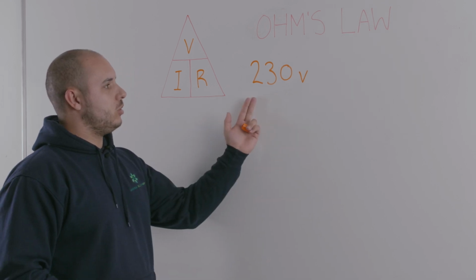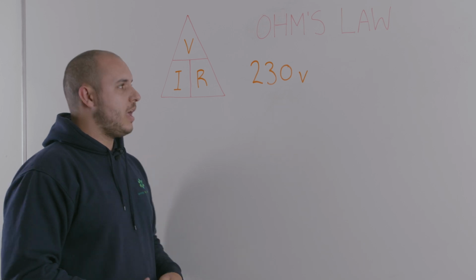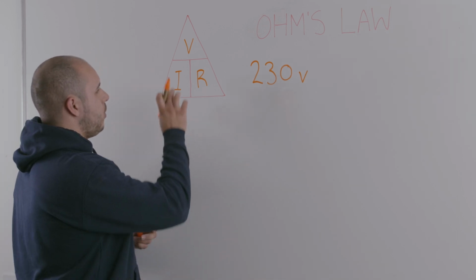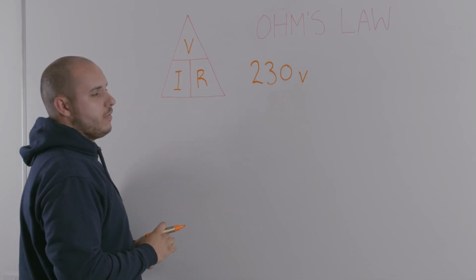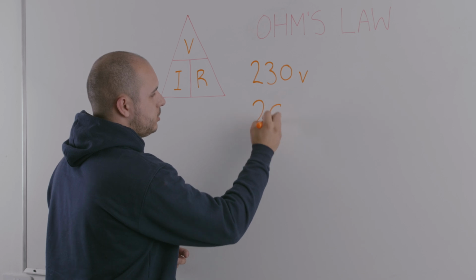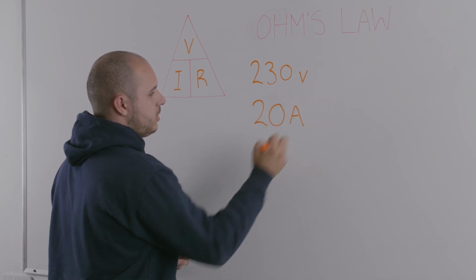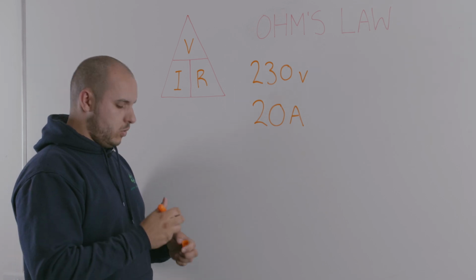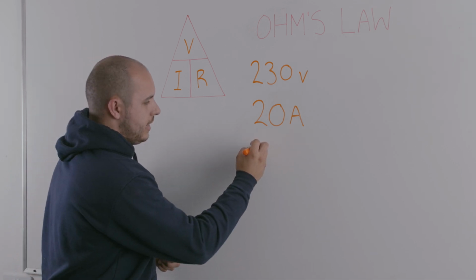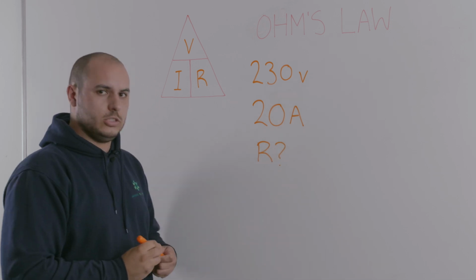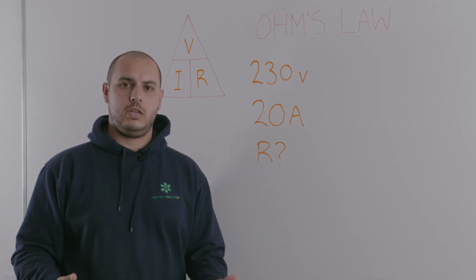So we know we've got 230 volt circuit, and that circuit is drawing 20 amps, okay? So amps would be in this part of the triangle where the I is, okay? So if we had 20 amps, like so, we would put that where the I is, okay? So the part that we're looking for is the resistance, okay? So we're wanting to find out what the resistance of that circuit is, okay?